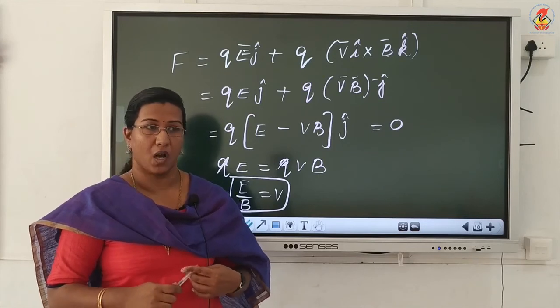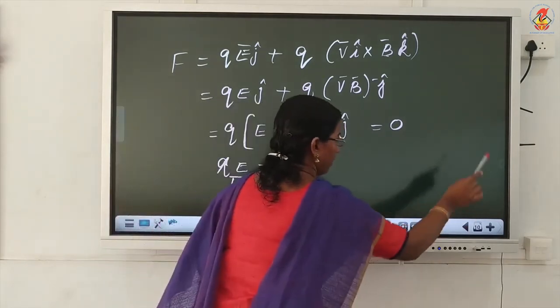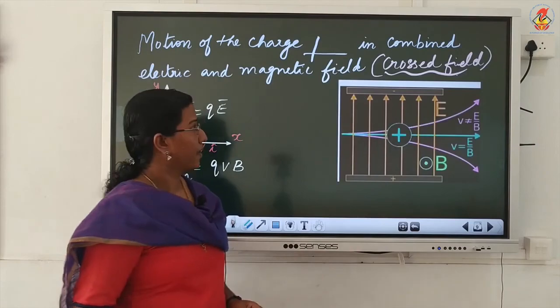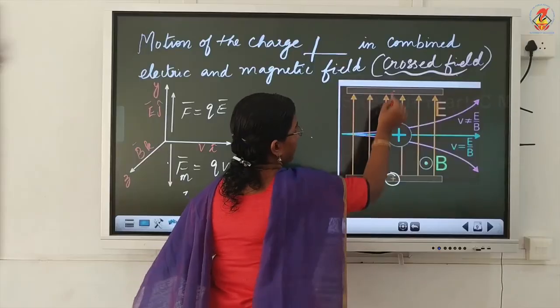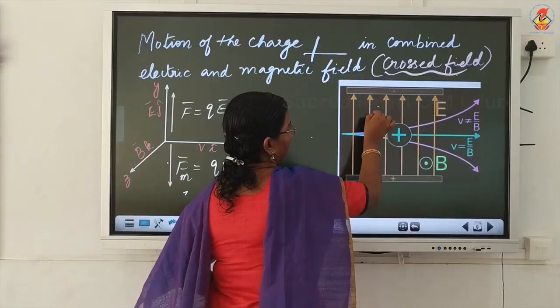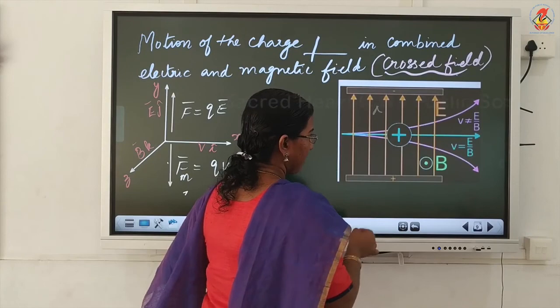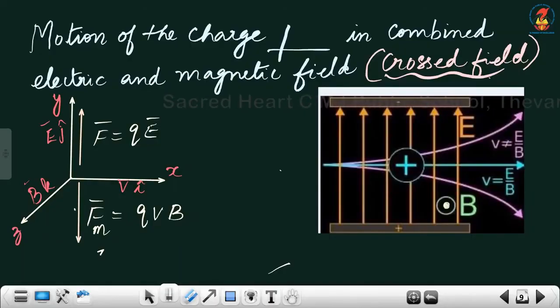Now, why is that? Just look at this diagram. I have applied an electric field along the y direction, pointing upward, and the magnetic field is along the z direction, pointing towards you. And a particle is entering the field.